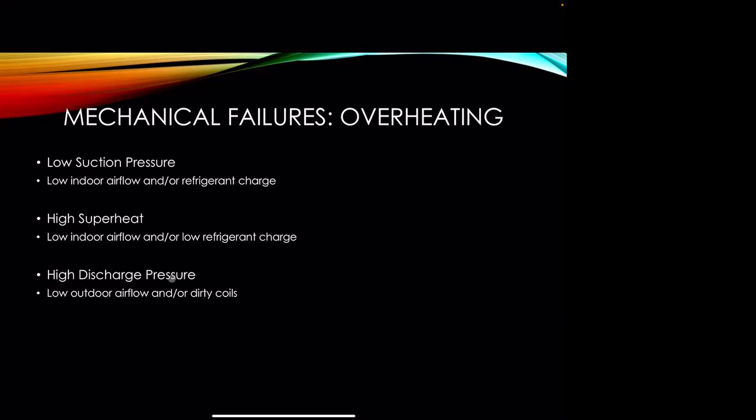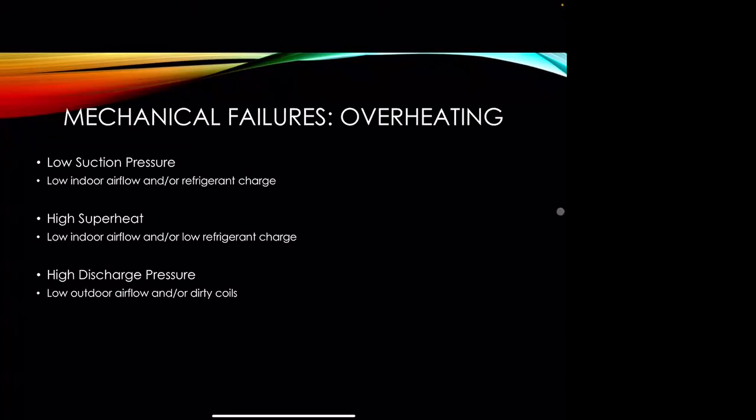So you can also get high discharge pressure with low outdoor airflow. Maybe a condensing fan motor is not running at the proper speed. If it's a variable speed fan, maybe it's stuck in a low speed, or the outdoor coil is dirty. Do we ever diagnose dirty systems? Nope, not at all.